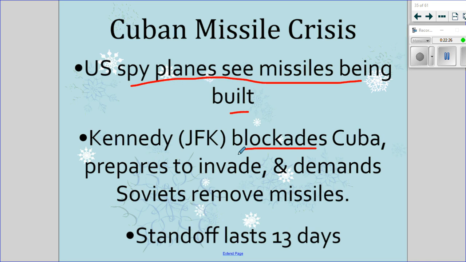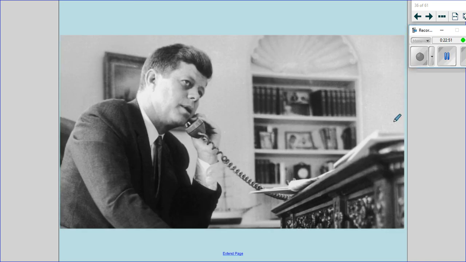Some American aircraft are fired upon. You have Soviet submarines and ships in close proximity to American vessels. And so it's a recipe for disaster. At any moment, somebody could lose their nerve, a shooting war could start, and then the missiles will fly. But Kennedy was wise to institute this blockade and avoid an invasion.